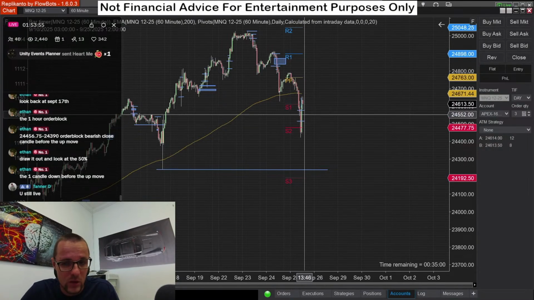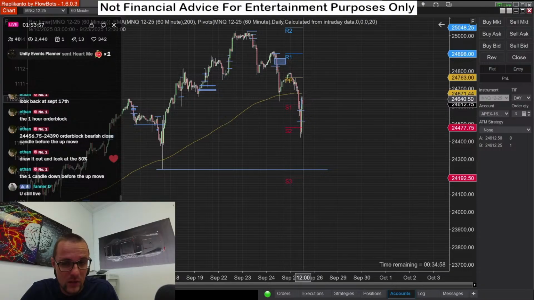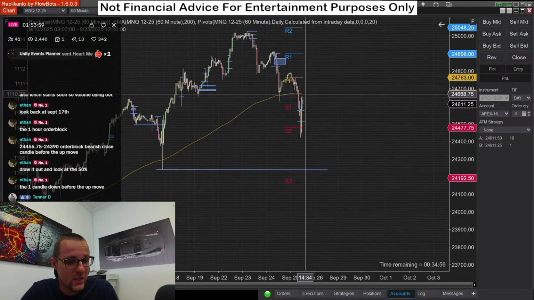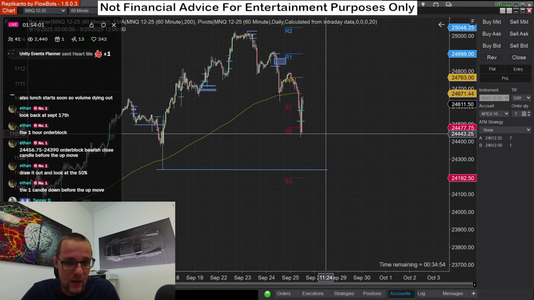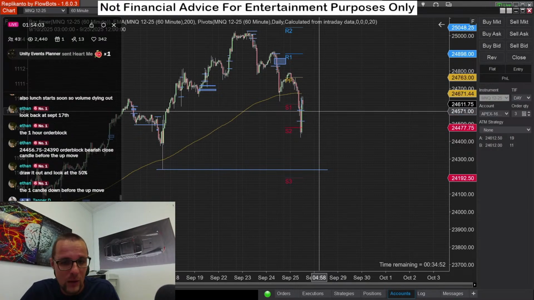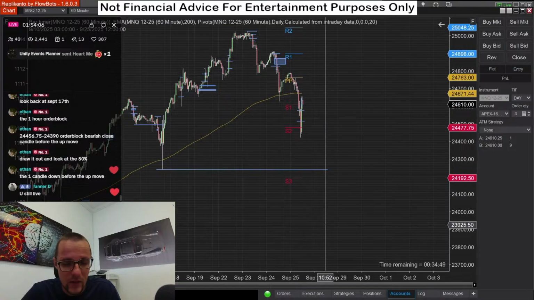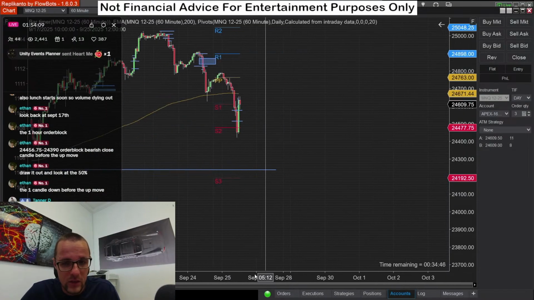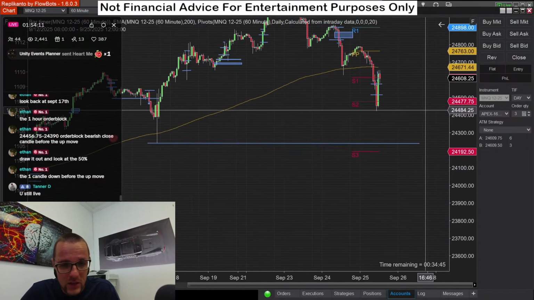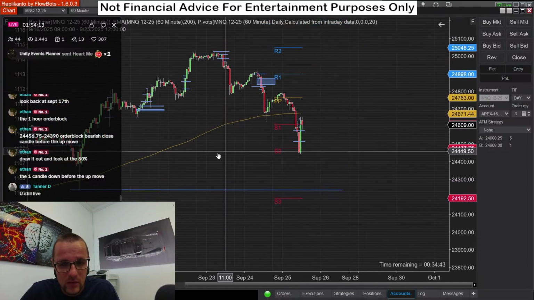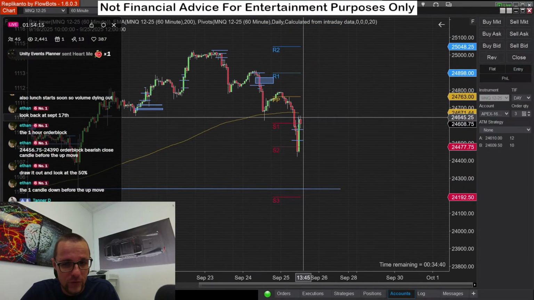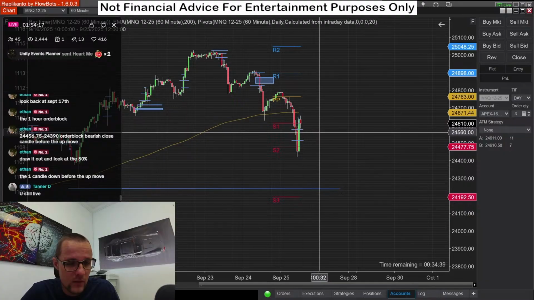It broke below the 200. Now this could likely be a resistance area for it to continue going down. I would be very cautious about getting long up here because we're rejecting off that 200. And as you can see, price does respect this 200. So be very careful about a long there.